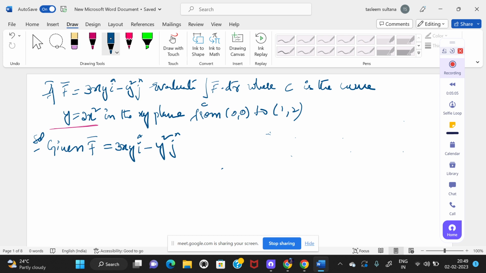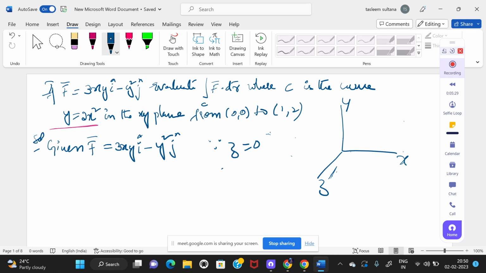With this one they have not mentioned z, so we can consider z is equals to 0. Yes, did you get it? Yes, ma'am. Because there's no k cap. Yes, there is no k cap, so z is equals to 0.